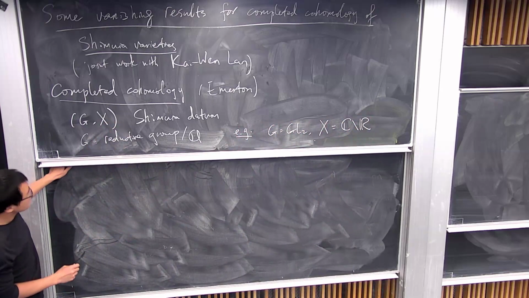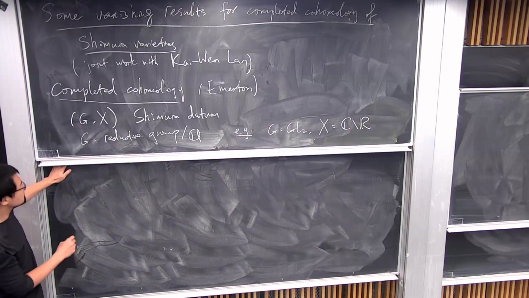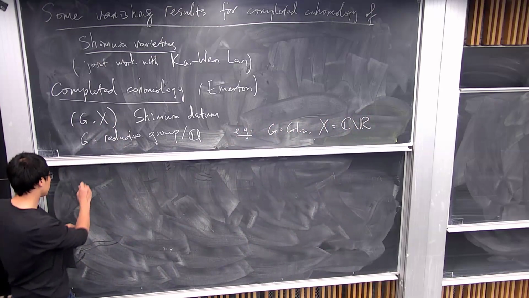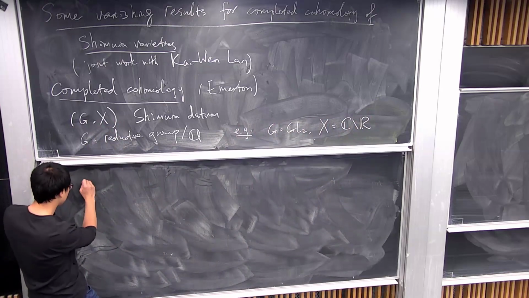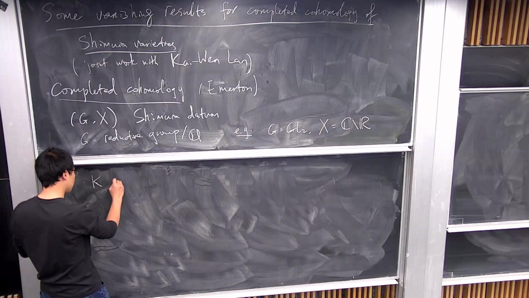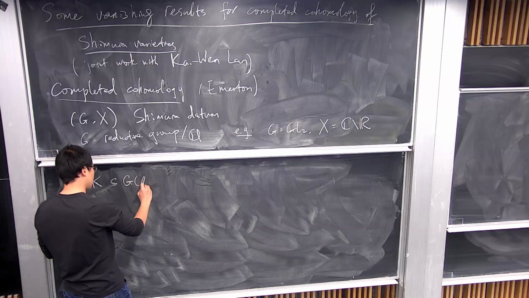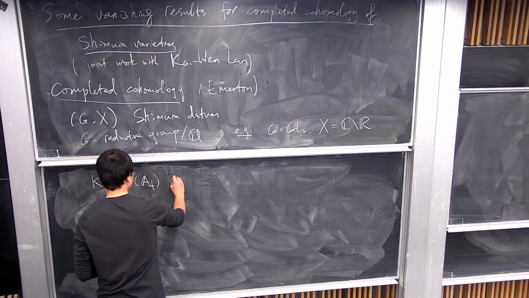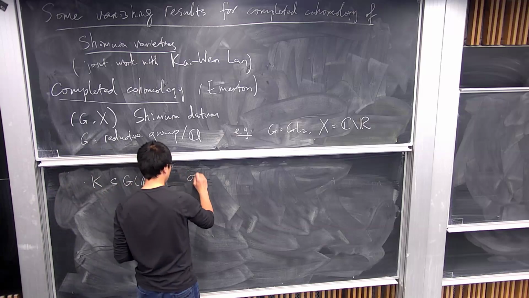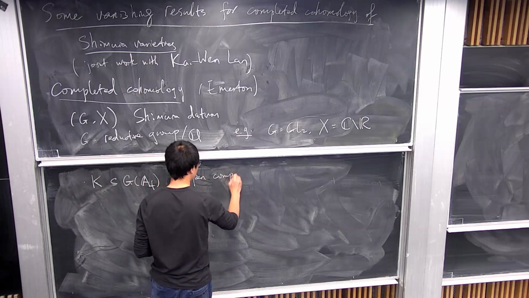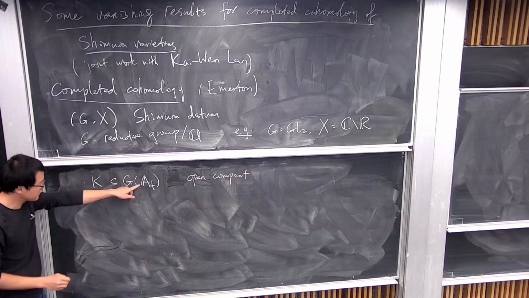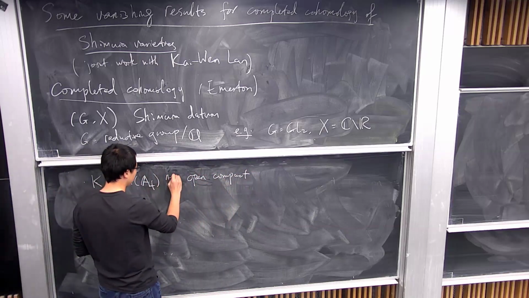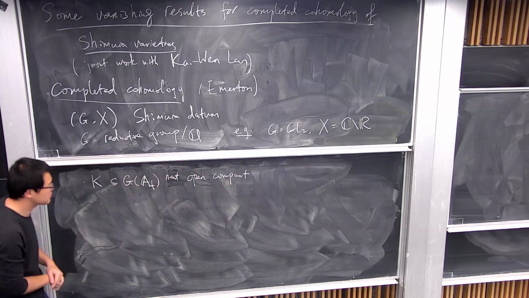And to define Shimura variety, I also need to choose a level. So for an open compact subgroup K of G of finite adeles, let me also put this neat condition, just some sufficiently small condition.